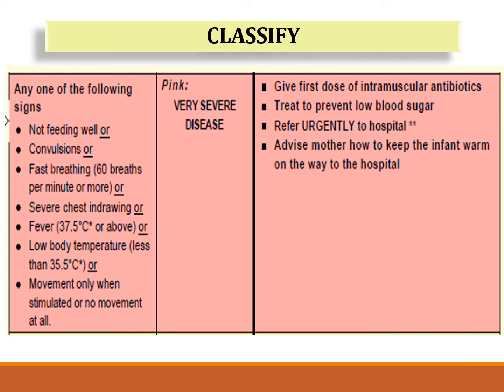Okay, so you classify them again, like in IMCI 1, into 3 rows: the pink, the yellow, and the green. The pink is the danger signs.